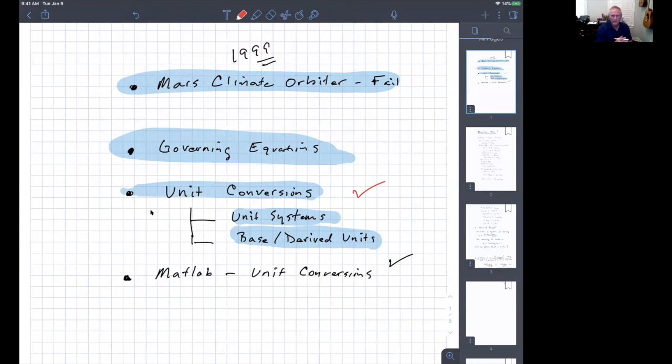But I think some of the confusion early on is a result of being mixed up with the governing equations aspect of some of these problems that we'd like for you to solve. Okay, so I want you to focus on some problems where we're looking at governing equations separated from the actual unit conversions, and we're going to use MATLAB to help delineate that separation.